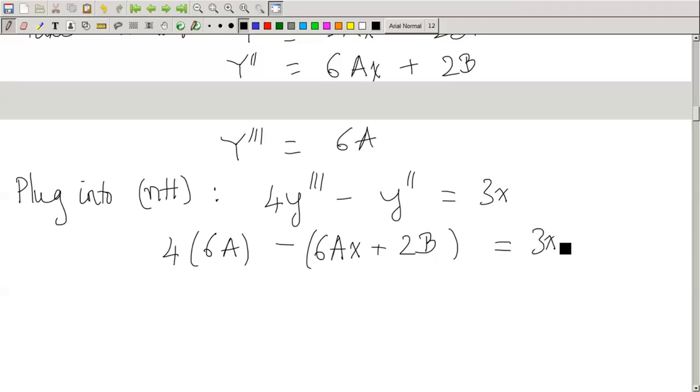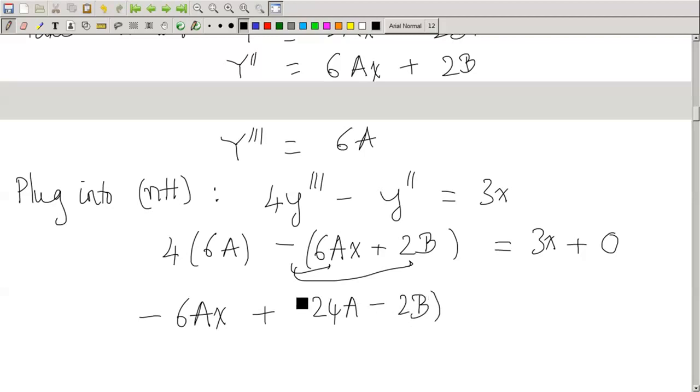And as before, we should have 3x plus 0. We fill in all the powers of x, and if it's missing, we use 0. Now we distribute and collect like terms. And we write the terms with x first. So minus 6ax and plus here 24a minus 2b without x, equal to 3x plus 0.